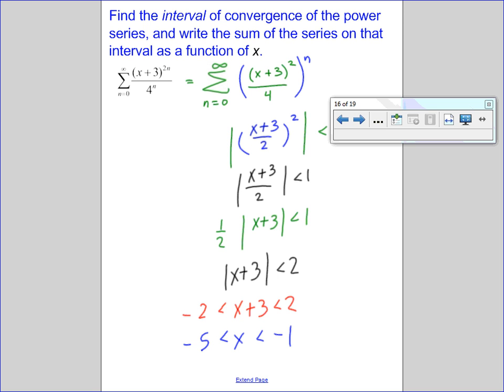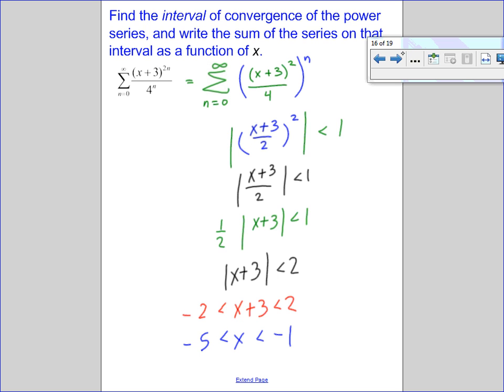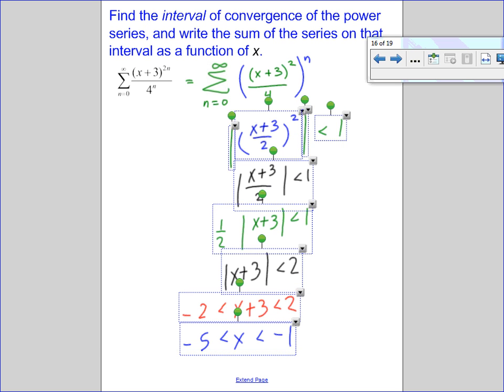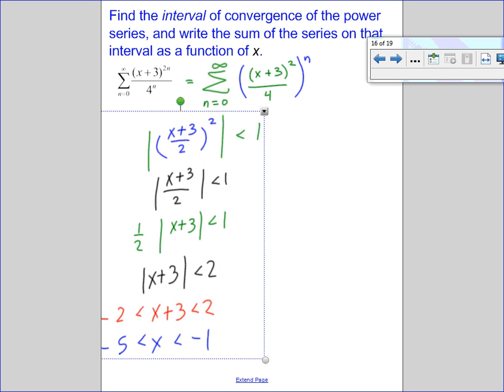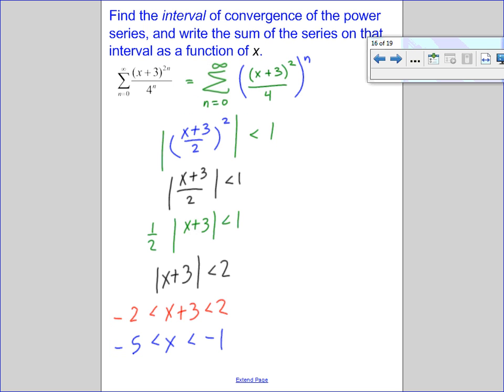How do we write this as a function? Well, we need room. Let's go back to the original and make the substitution. This becomes 1 over 1 minus, and we're plugging in x plus 3 squared over 4.